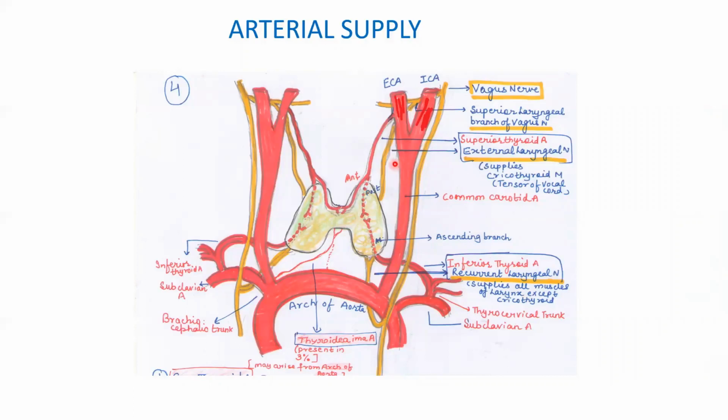First, we will study the superior thyroid artery. The superior thyroid artery is the first branch from the external carotid artery, and after taking origin from the external carotid artery, the artery will descend towards the apex of the gland. Here it will divide into an anterior and posterior branch.